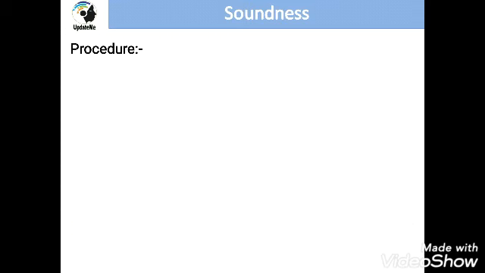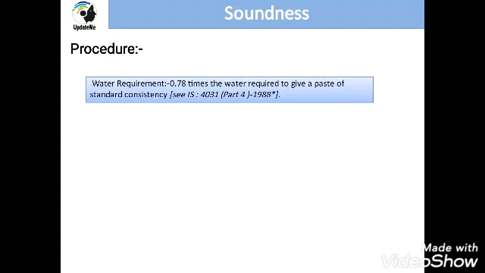What is the procedure for determining the soundness? The water requirement for determining the soundness is 0.78 times the water required to give a paste of standard consistency. As we have seen already, the standard consistency test is according to IS 4031 part 4.